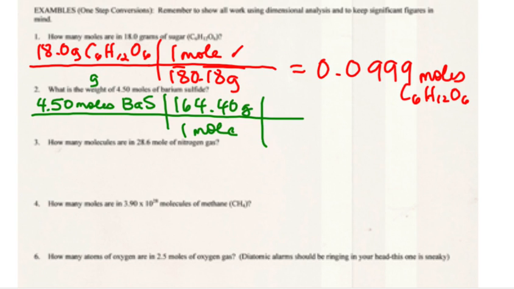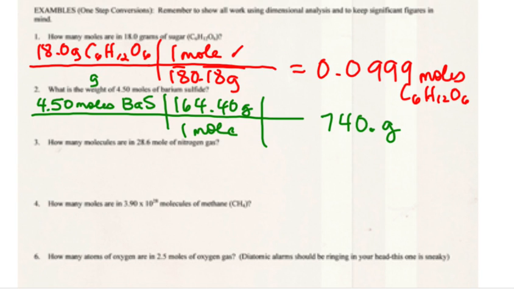All right, so that gives me 3 sig figs. 740 with a decimal grams. Thank you. All right, let's jump down to number 4.